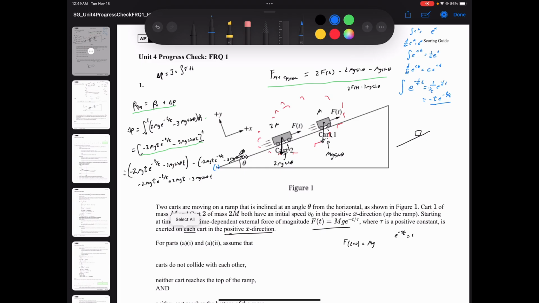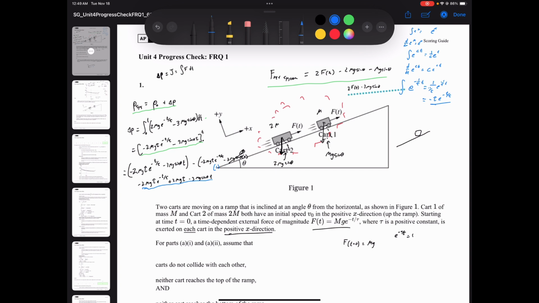So now I have minus negative 2mg tau times 1. And then this is my expression over here, right? So now I'm at this expression over here. So notice it's minus negative 2mg tau, so that turns into plus 2mg tau.